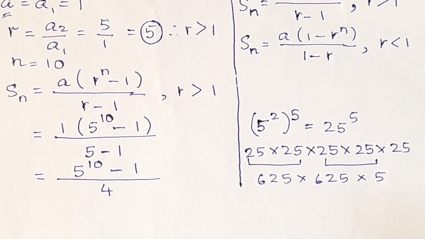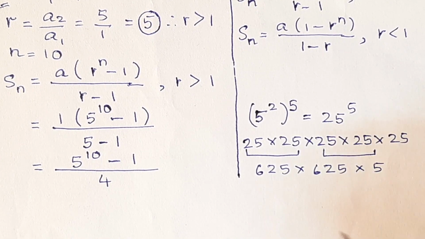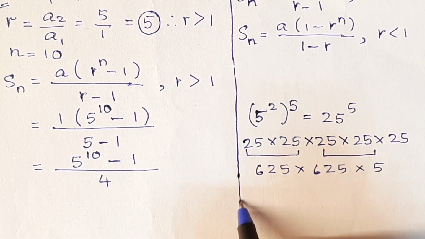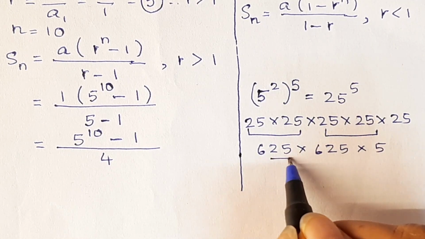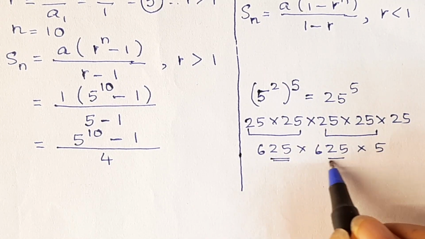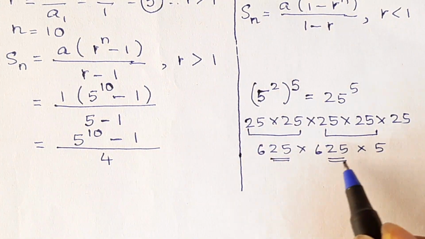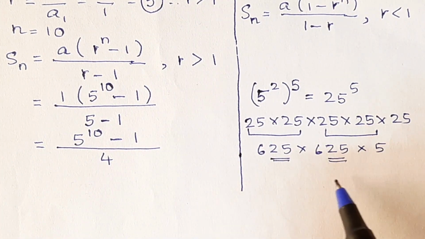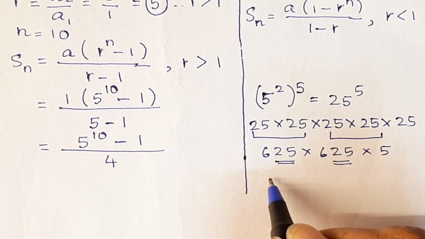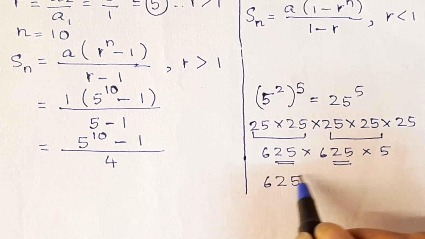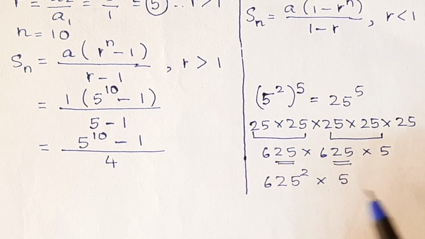Now I'm going to ask you to look at my quick calculations video in which we have the technique for the number ending in 25, how to make the square of it as well. So we will have 625 square multiplied by 5.